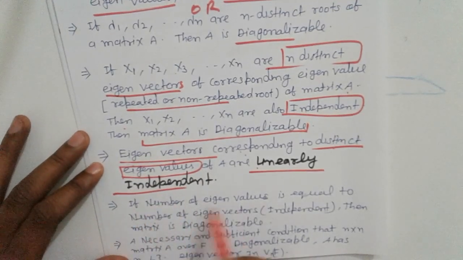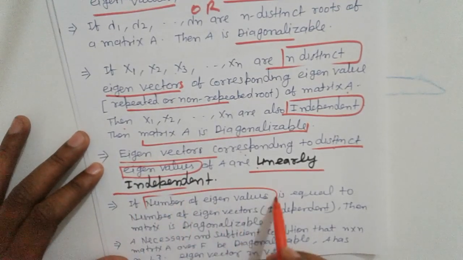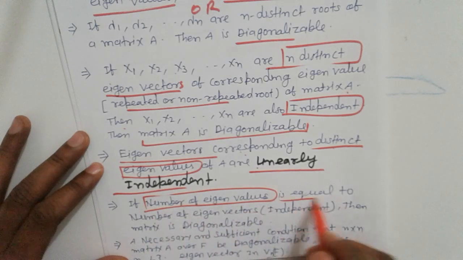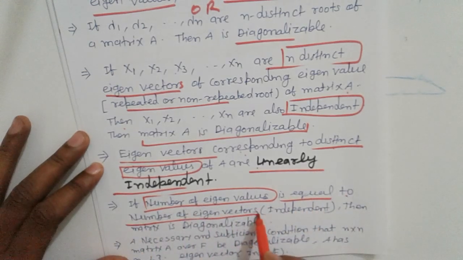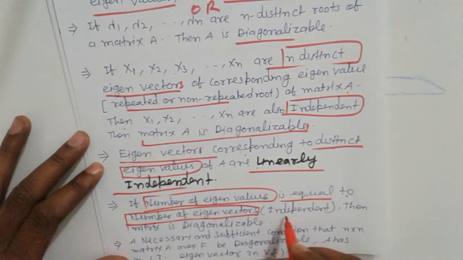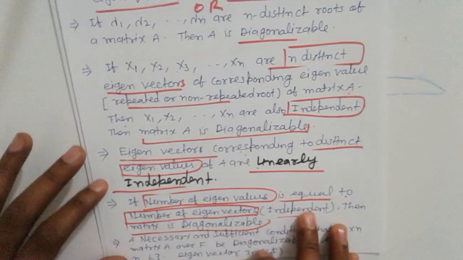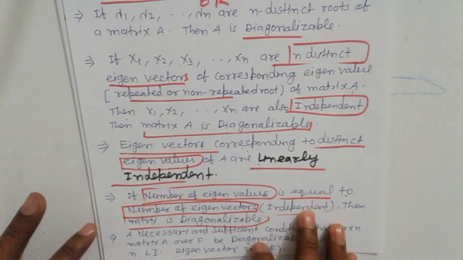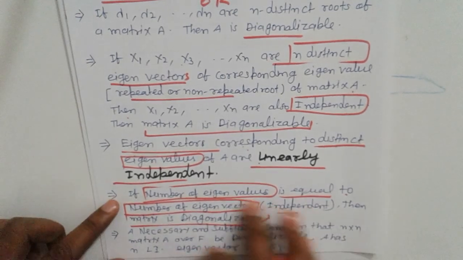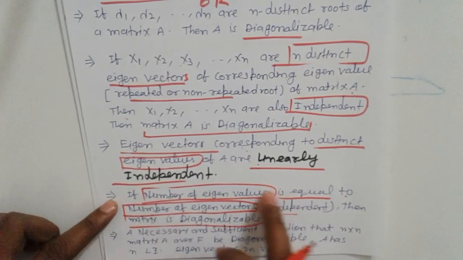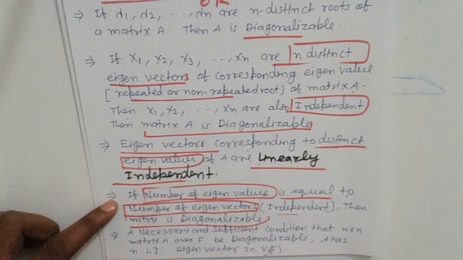If number of eigenvalues is equal to number of eigenvectors in general, so independent, then matrix is diagonalizable. मतलब आप कभी फाइंड करिए, अगर आपको number of eigenvalues और number of eigenvectors are equal मिलते हैं, so that case matrix is diagonalizable.